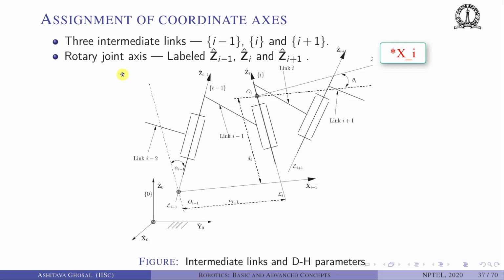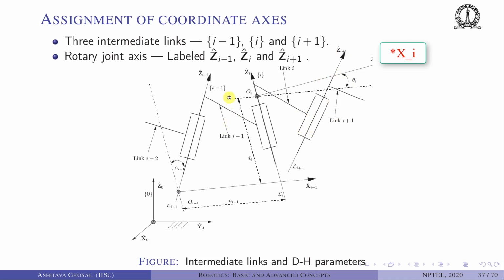How do we find various dimensions from such a drawing or such a figure? So we have 3 rotary joint axes. These are labeled Zi-1, Zi, and Zi+1. So this is one rotary joint axis, which is Zi-1. The next rotary joint is Zi, and the last rotary joint is Zi+1.